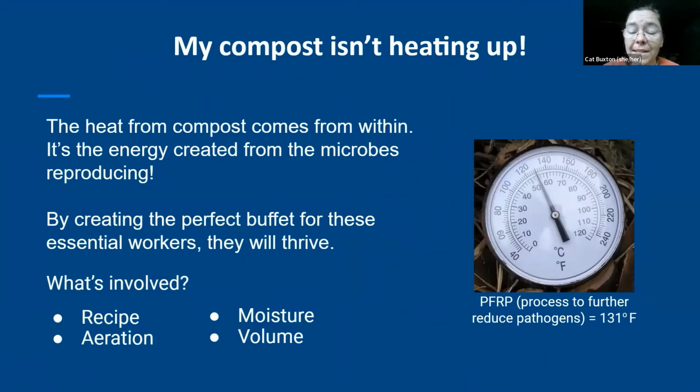So yes, as Natasha mentioned, all of the issues in composting are related. Our compost pile is a living organism itself, made up of billions and billions of other living organisms that we need to be there in order to do the work. The heat from a compost pile comes from within.